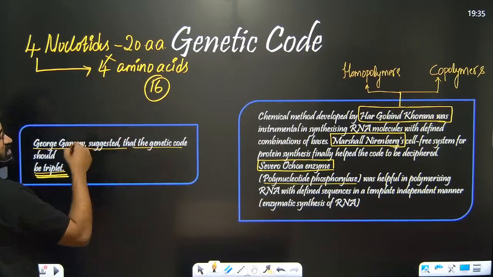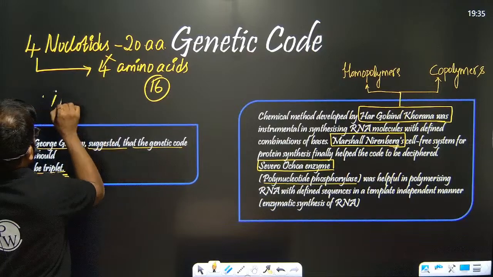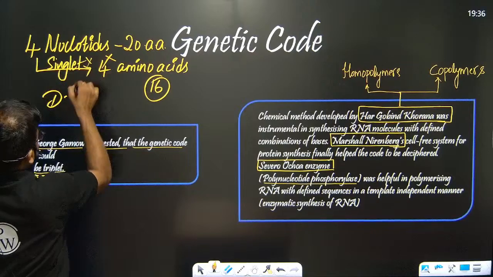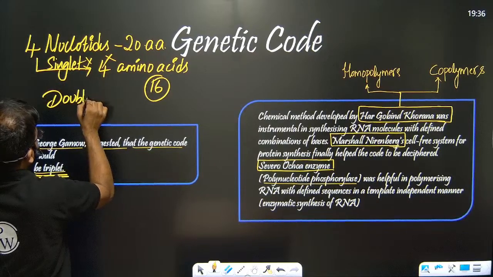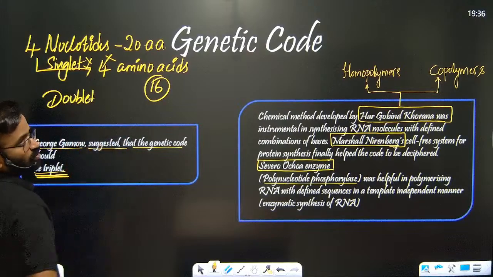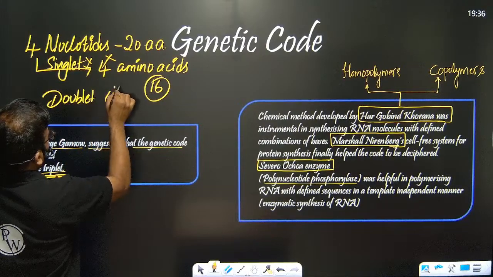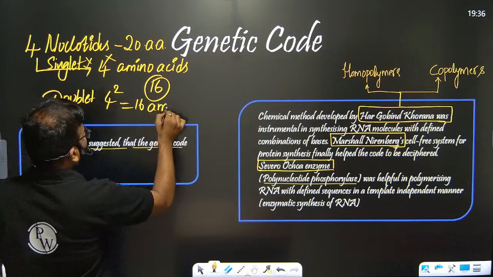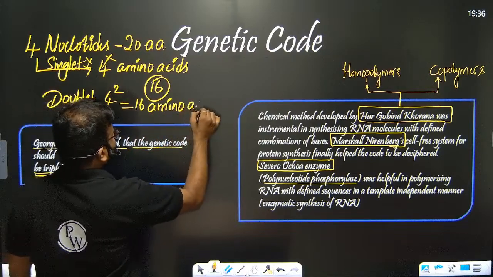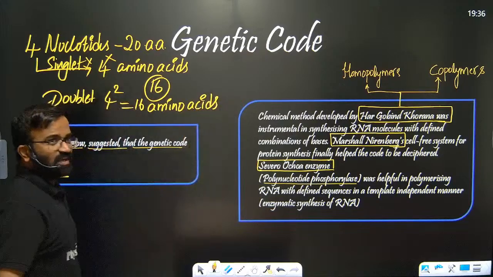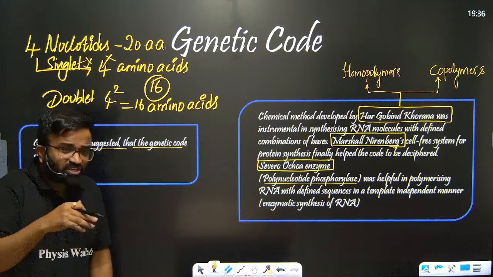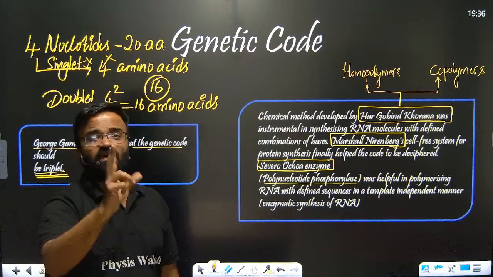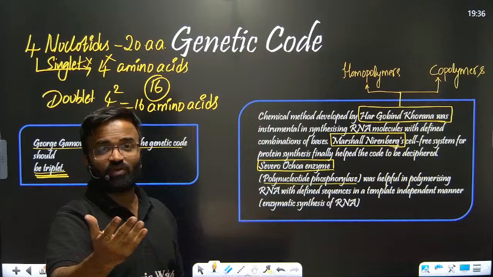If genetic code is doublet, this one is singlet, not possible. If it is a doublet, that means 2 nucleotides working together. We have 4 nucleotides in 2 combinations, so you can code only for 16 amino acids. Why am I saying this? The question can also be asked: what if genetic code is a doublet? How many amino acids can we code?